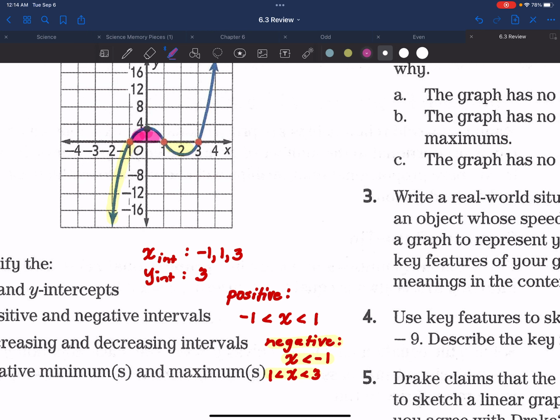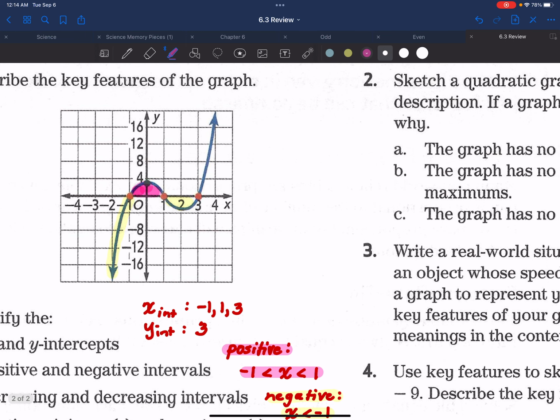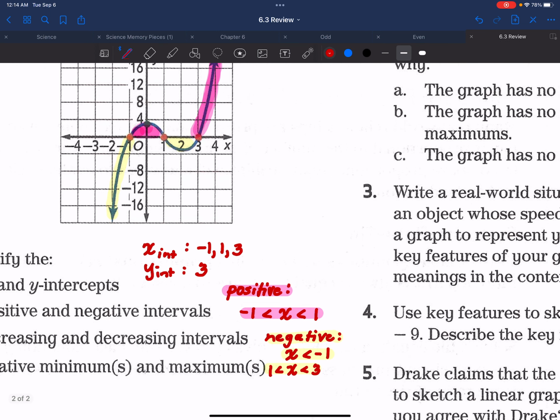You've also got another one above the x-axis, right there. So positive also once the x's are above 3. So those are your positive and negative intervals for the graph.